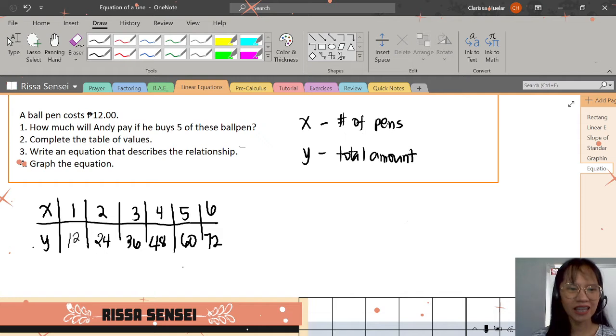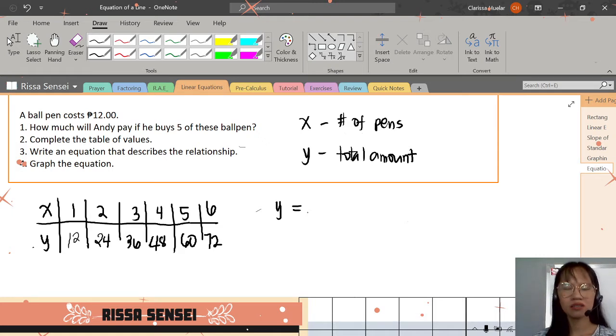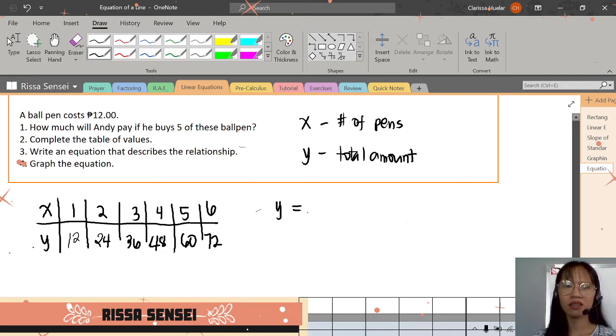Diba? Napakadali. We know that y is the total amount. So, pwede natin gamitin yung y. That's the total amount. Equal yan saan? Dun sa bilang ng ballpen times kung magkano ang halaga ng isang ballpen.